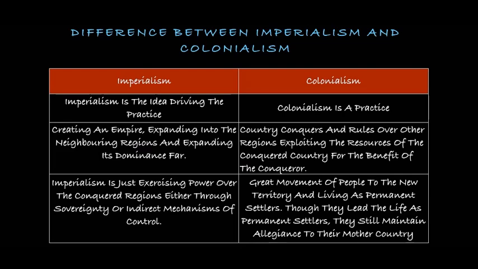Imperialism means a system in which a powerful country controls other countries by establishing its overall domination and establishing many colonies. Many people feel that both colonialism and imperialism are same, but there are some differences between them. Let's see what are these differences.